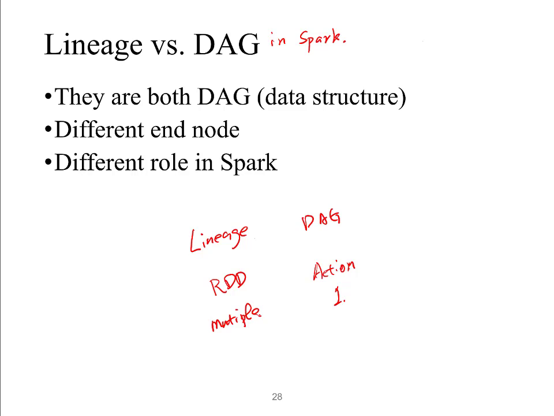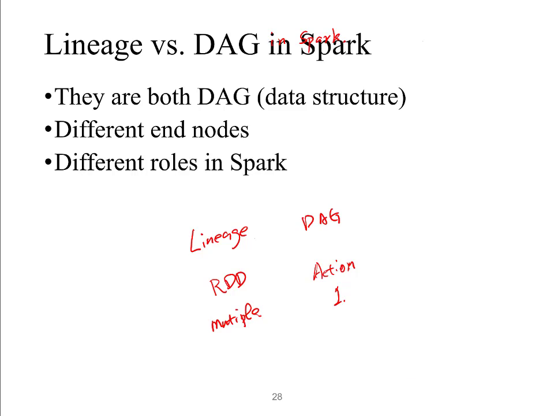So this is for lazy evaluation. And the main purpose of lineage is to keep the lineage for each and every RDD, to guarantee fault tolerance. So they play different roles in Spark and serve different purposes.